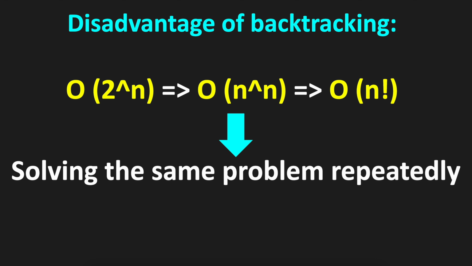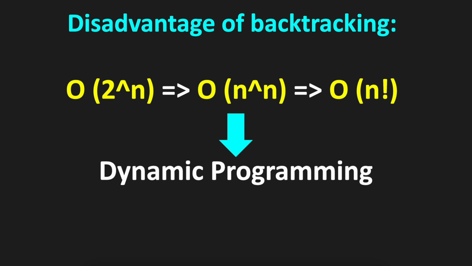So how do we usually improve backtracking? We use dynamic programming. If in some branches we keep solving the same problem that we have solved earlier, we store that solution. We use memoization in dynamic programming. So it's basically a cache.